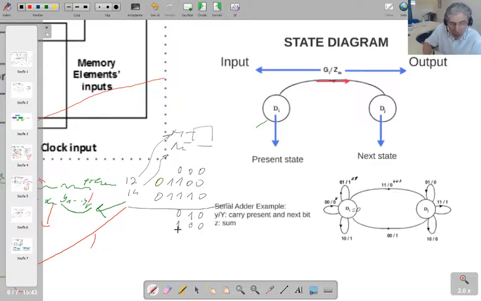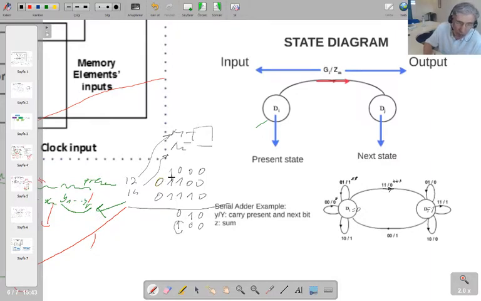Now my carry is 1, so that means my next state is going to be 1, which is this one. That's why I put an arrow here on this line to tell us that my present state is 0, and I apply my input 1, 1. I observe output 0, and my next state becomes 1. So my carry became 1.